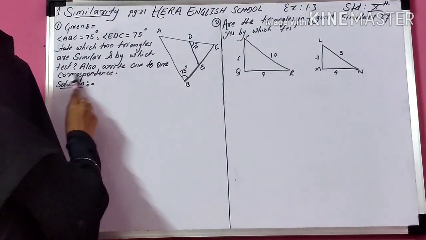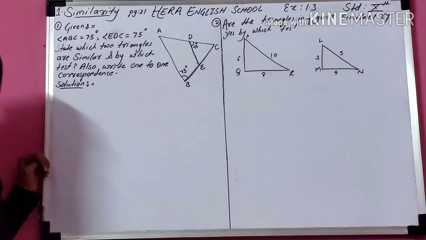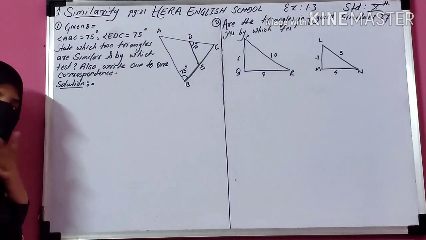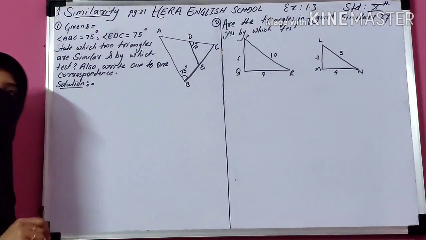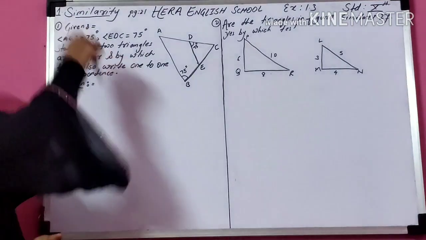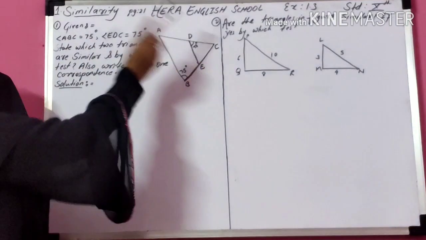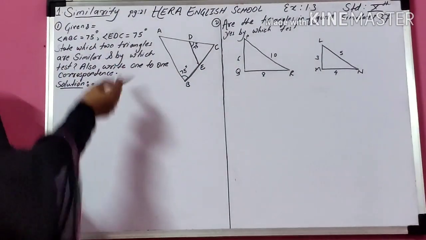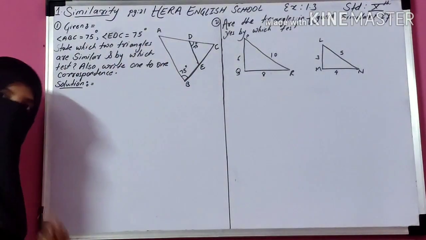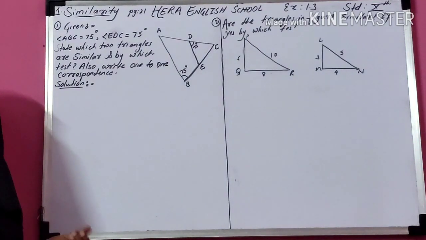Also write the one-to-one correspondence, that means which side and which angle correspond to each other. I have written here the given: these two angles are of 75 degrees, and you have to state which two triangles are similar. Now the question is, how to decide which two triangles are similar?